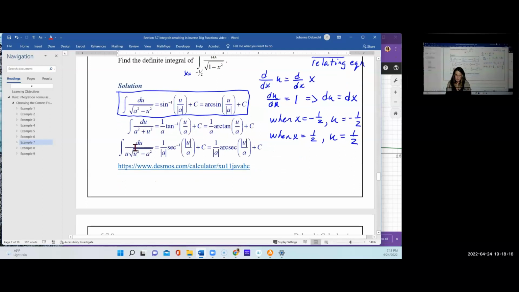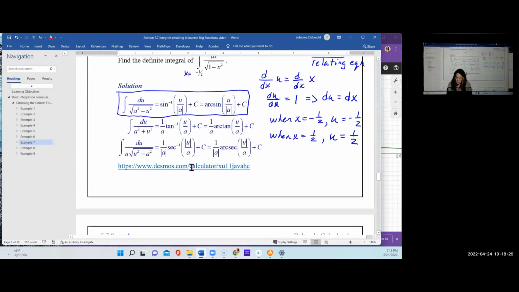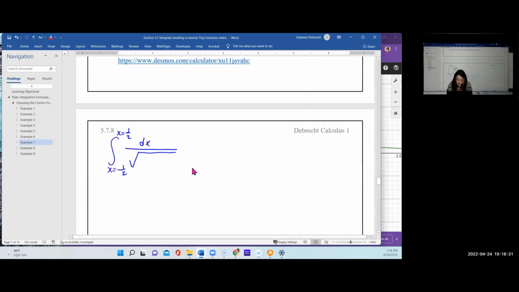So let's replace our integral from x equal -1/2 to x equal 1/2 of dx divided by the radical of 1 minus x squared with the integral from u equal negative 1/2 to u equal 1/2.